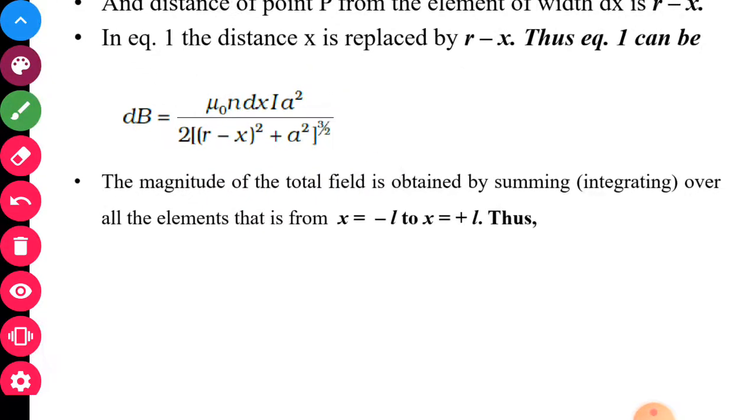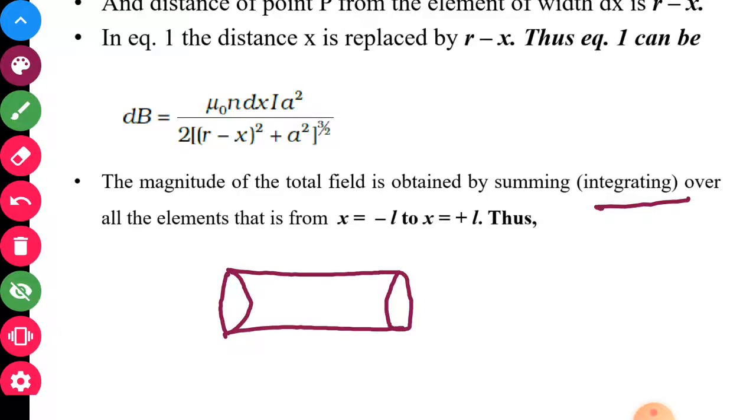Now the magnitude of the total field produced by this solenoid we want to find. Then we can take the integration of this equation. For example, you have this solenoid, you have this center, and here we have considered the element. Now the total length is 2L.